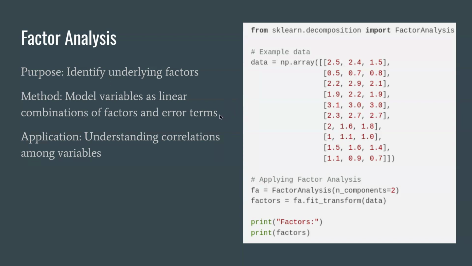This technique is useful for understanding the underlying structure of data, such as identifying latent variables that influence observable variables. If we are to do factor analysis in Python, here is a code example.